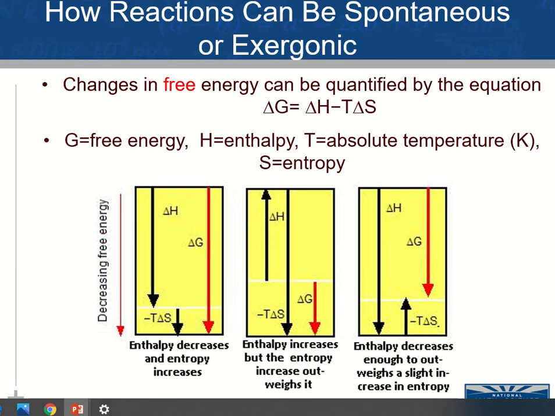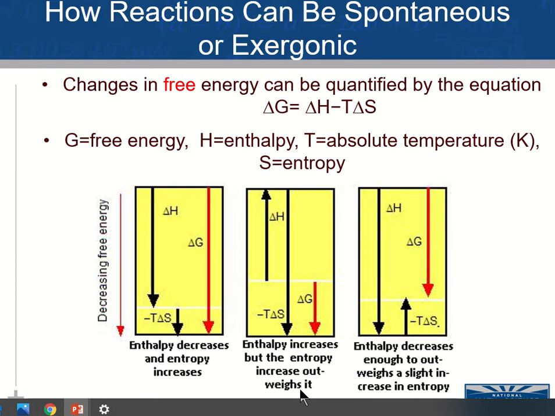So how can reactions be spontaneous or exergonic? Changes in free energy, again, are quantified by that equation. The Gibbs free energy is equal to the enthalpy minus the temperature times the entropy. And so if enthalpy decreases and entropy increases, or enthalpy can increase but entropy can decrease, and it weighs it out.